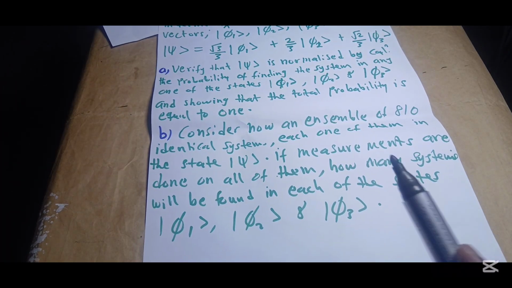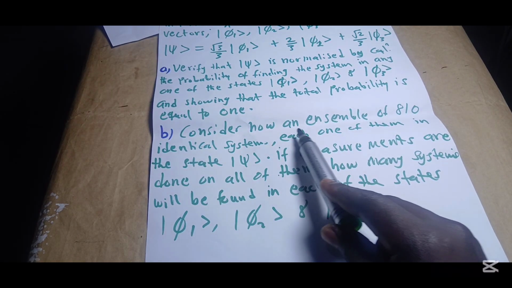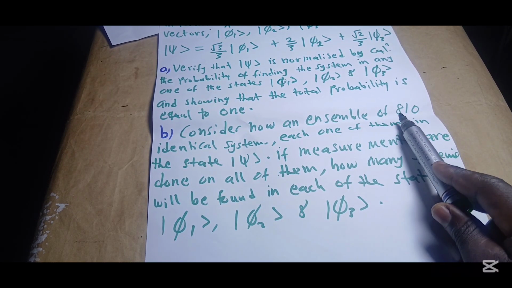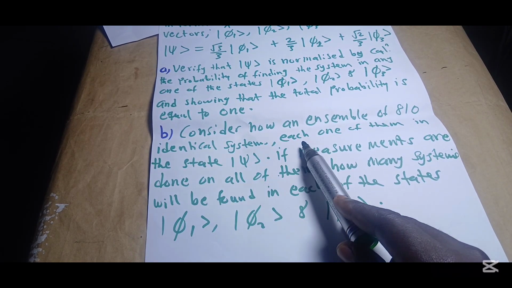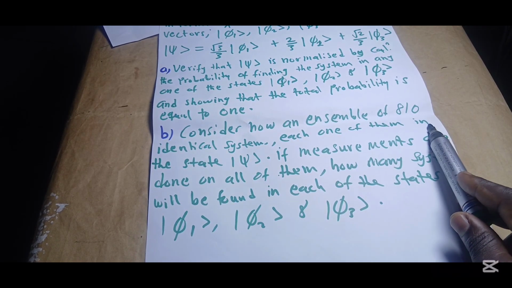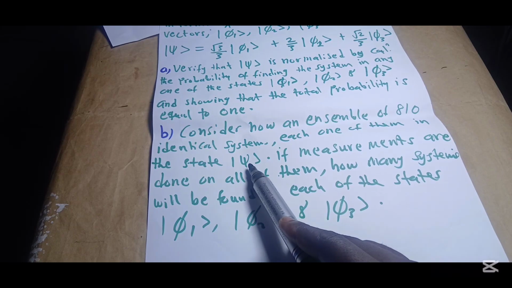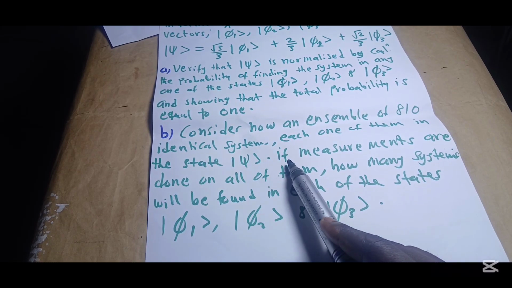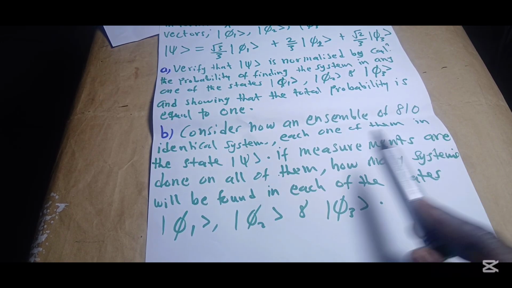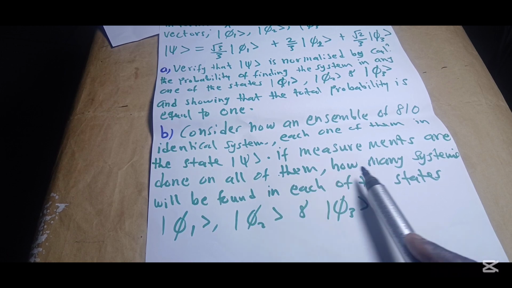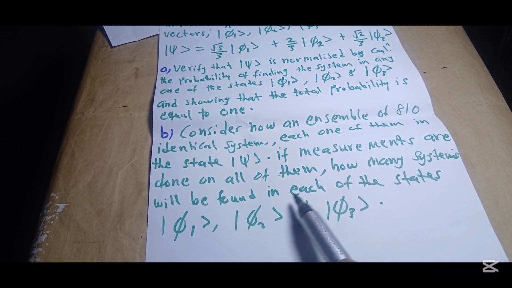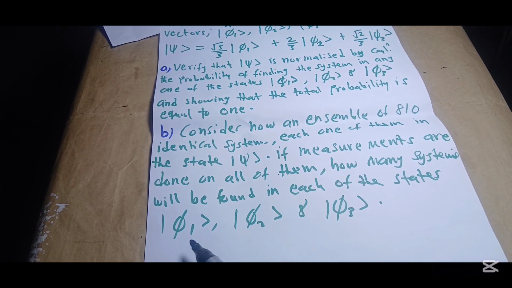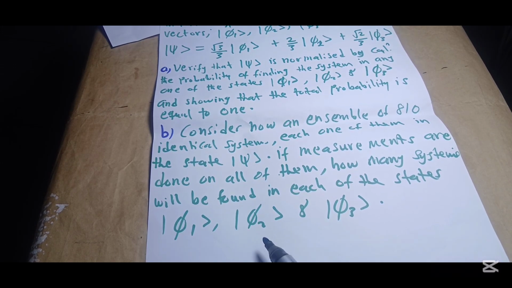Part B of the question, consider now an ensemble of 810 identical systems, each one of them in the state ket psi. If measurements are done on all of them, how many systems will be found in each of the states? Ket phi 1, ket phi 2, and ket phi 3.